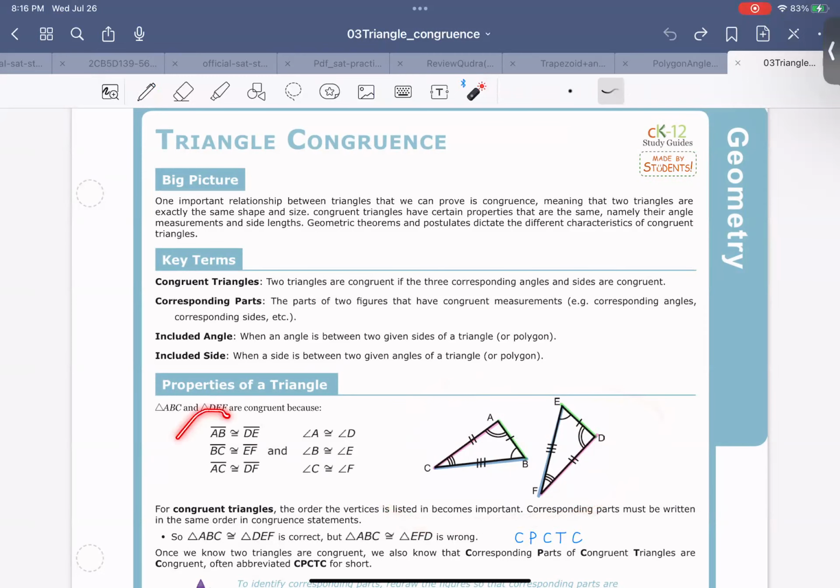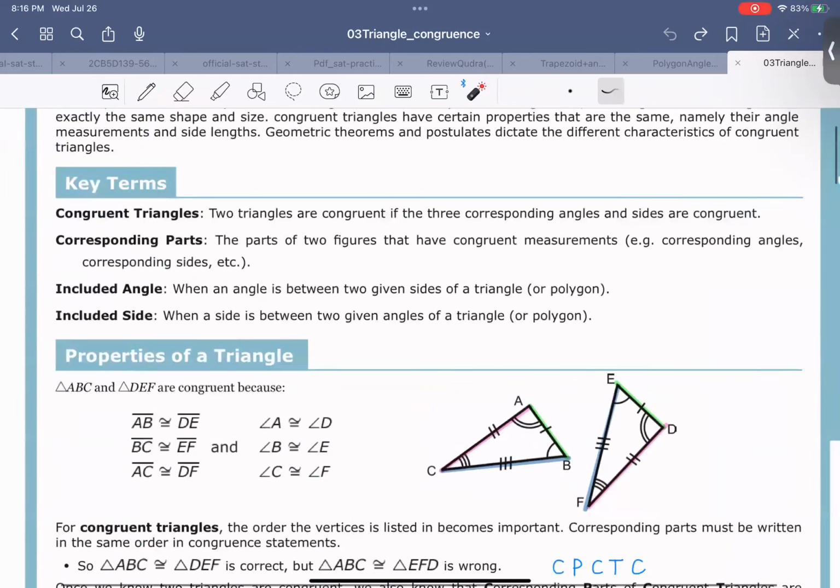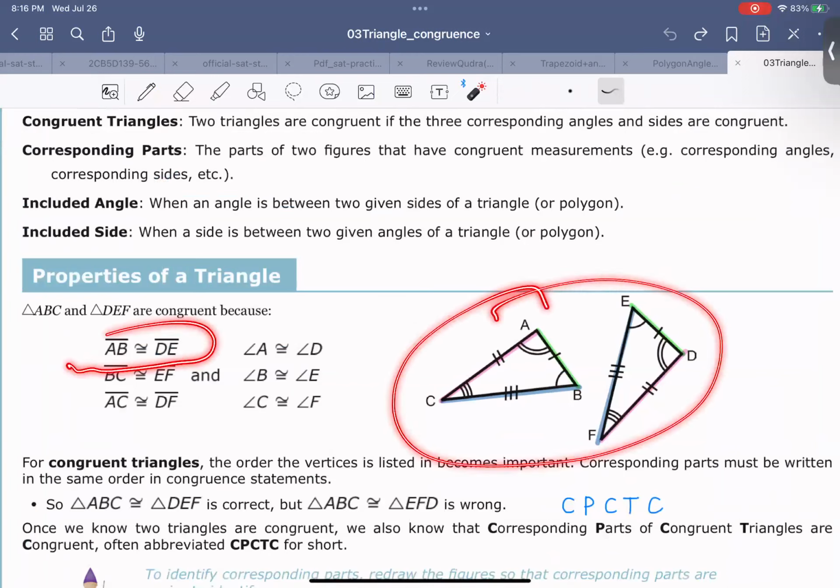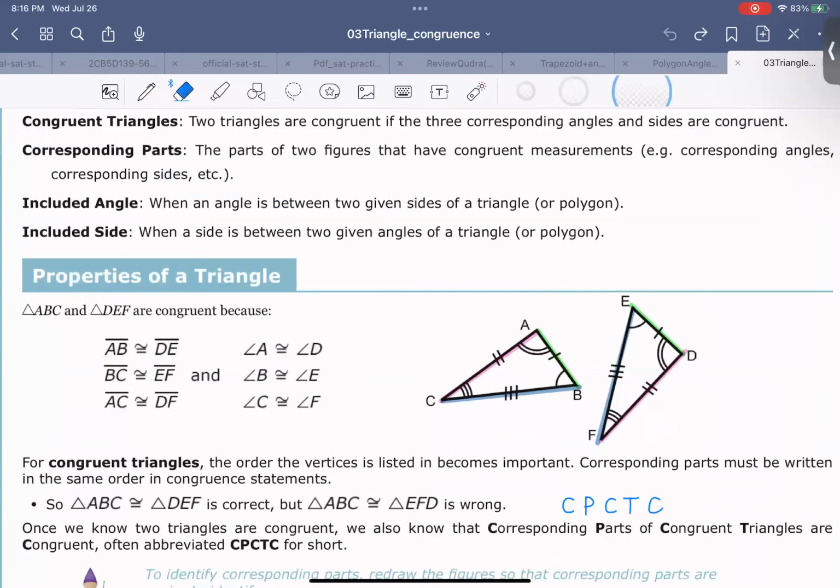Haiti, I want you to look at this graph and read this. Go ahead, please. Let's read slowly, okay? So that I can mark the things. Go ahead, read from here. Line AB is congruent to line BE. So AB, and you see these 2 lines congruent.